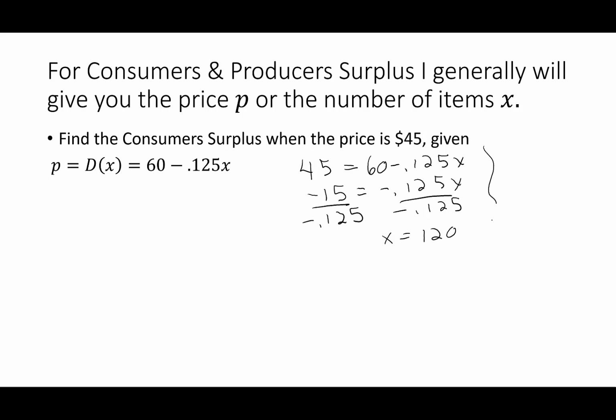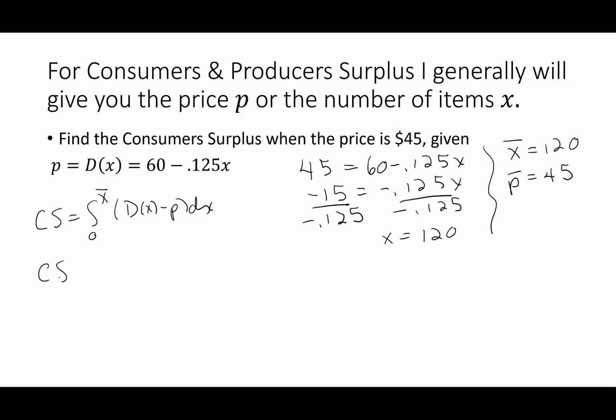Let's talk about notation. We're going to call x bar 120. We'll call our price P bar 45. Our consumer surplus, I'll remind you, is the integral from 0 to x bar of D(x) minus P bar dx. So for our problem, we have the integral from 0 to 120 of 60 minus 0.125x minus 45 dx.